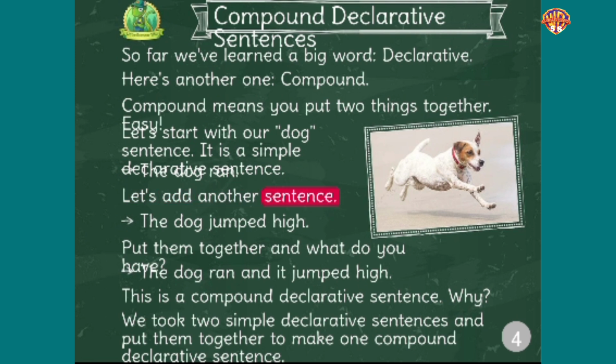Let's add another sentence. The dog jumped high. Put them together, and what do you have? The dog ran, and it jumped high. This is a compound declarative sentence. Why? We took two simple declarative sentences and put them together to make one compound declarative sentence.